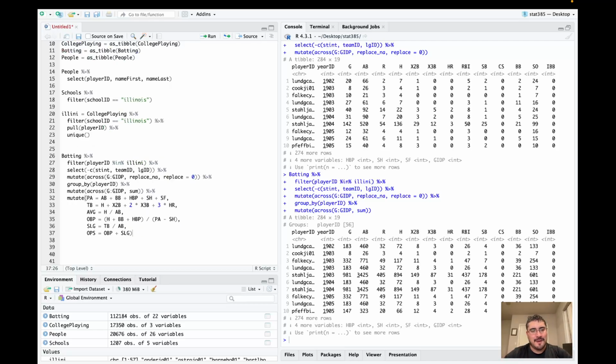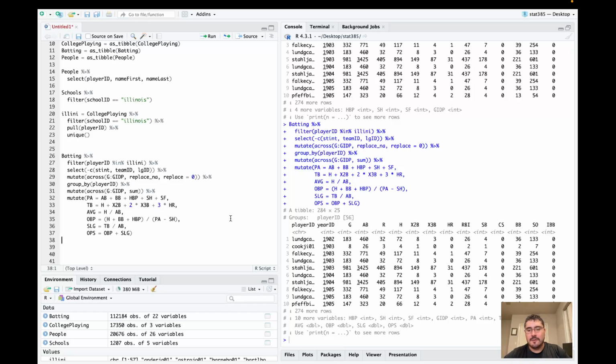I'm back. Okay, so I am now going to create these totals. Some of these are rate statistics, batting average, on base, slugging, OPS, and this is the thing that we want at the end of the day. Okay, so I've copied my equations hopefully correctly.